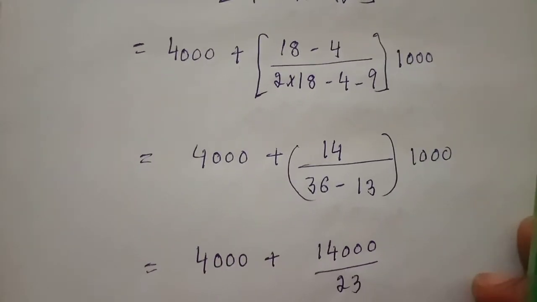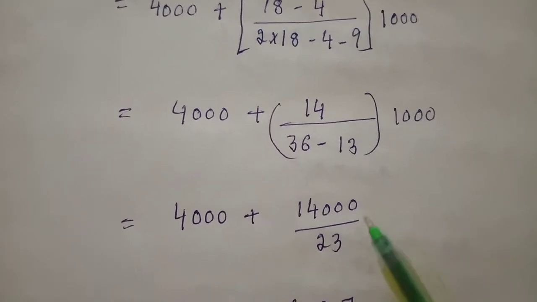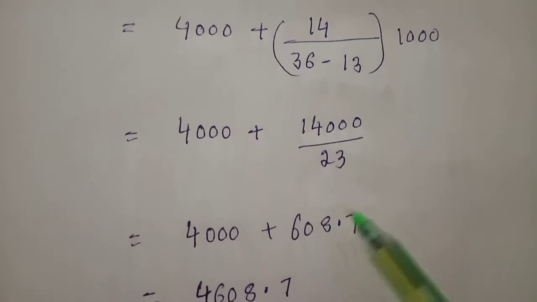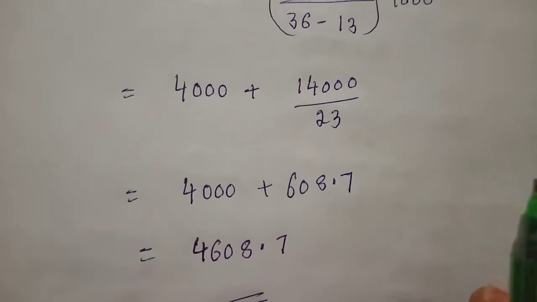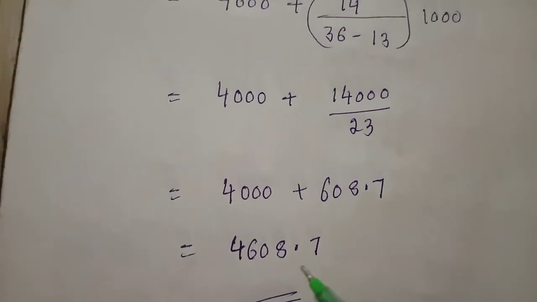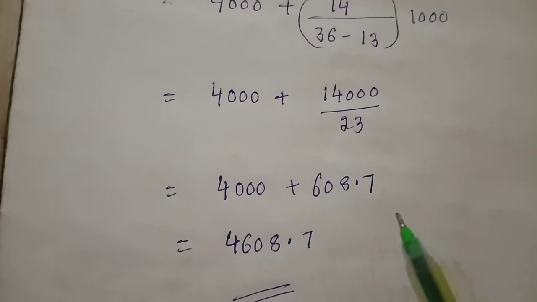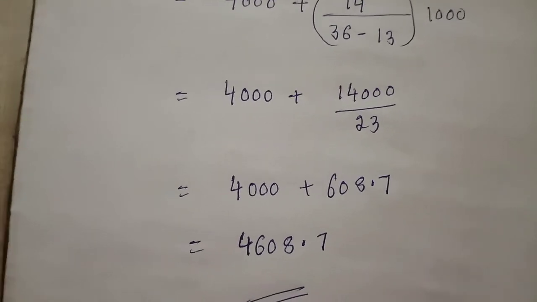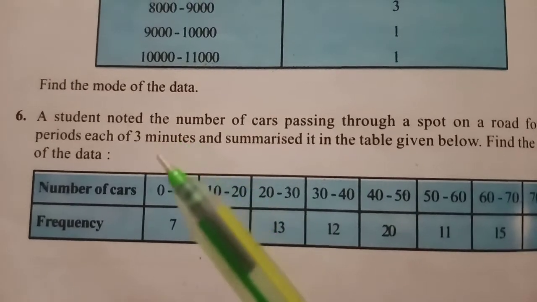So after simplification we get 4000 plus 14,000 by 23. So divide, we get 608.7 approximately. So add with 4000, we get 4608.7. So the mode is 4608.7 approximately.